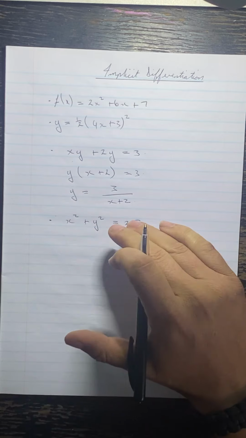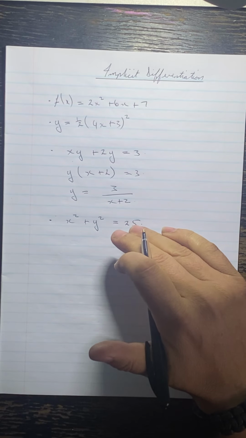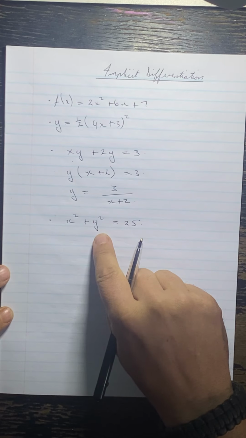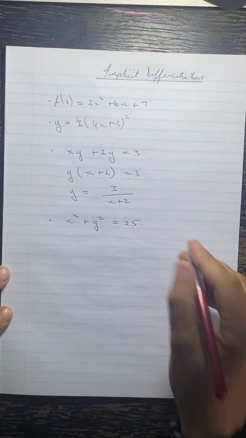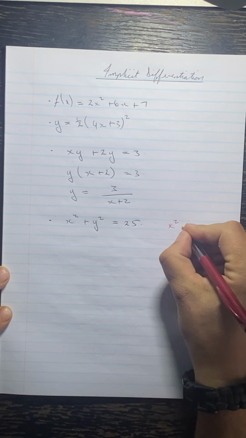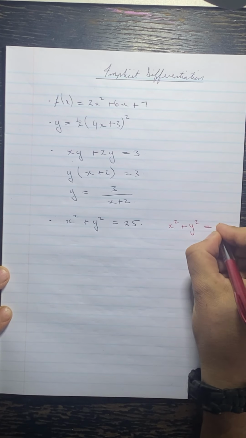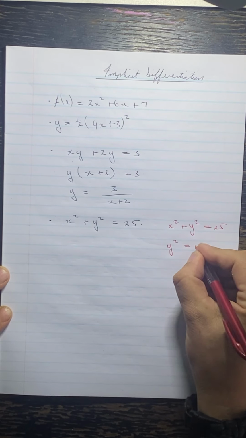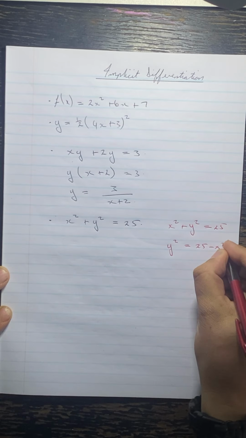So what we would do here is use implicit differentiation. I'm just going to show you what happens if we had to get the y on its own, and I'm going to do it on the side here. X squared plus y squared equals 25. Take the x squared to the other side, and we get y squared is equal to 25 minus x squared.